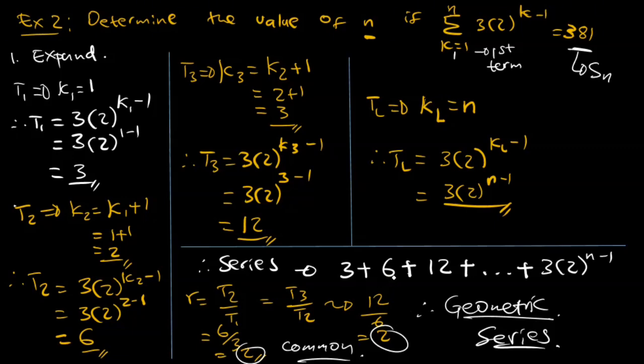Let's move on to the next part. Before we do, remember your Sn is equal to 381, and the value of R is equal to 2.